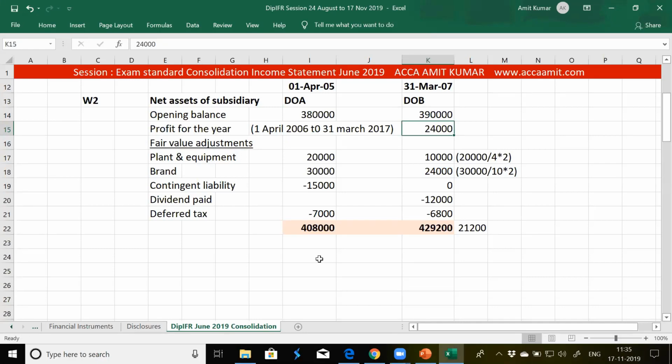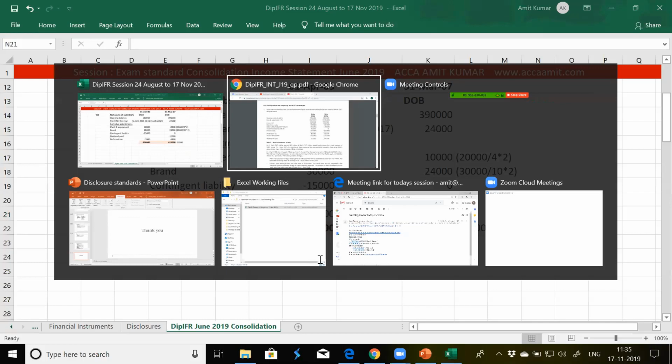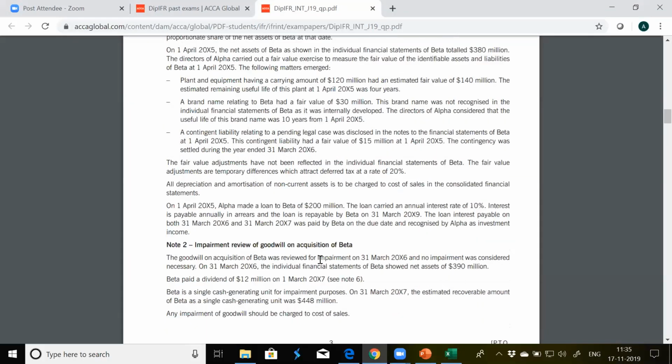NCI's profit is in this with some adjustments. We've already done adjustments for 10,000, 24,000 contingent liabilities. Therefore, tax, how much is the difference? There's a difference of 200, 7,000 and 6,800. That means this total adjustment in the current period is of 200. So we'll see if there is any unrealized profit sold by subsidiary to beta.